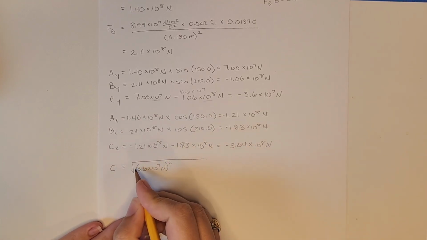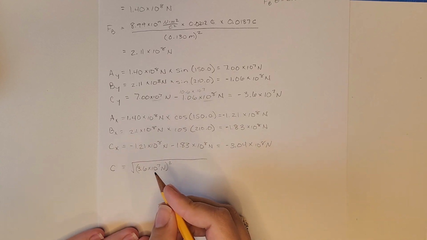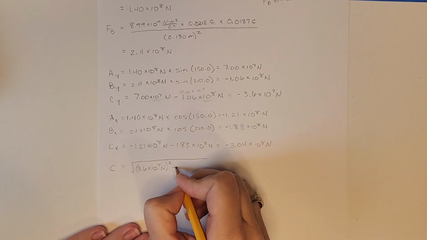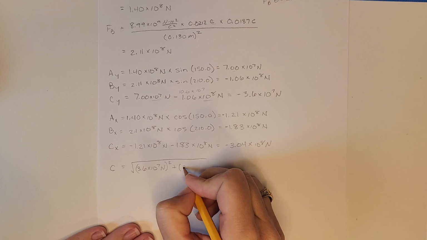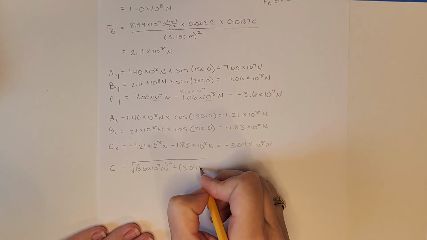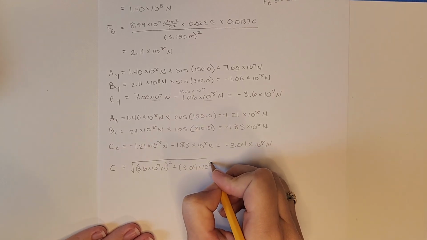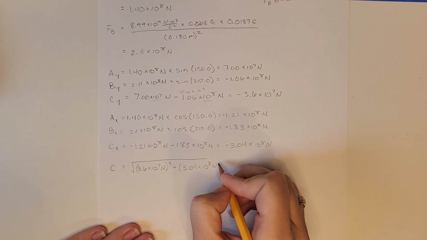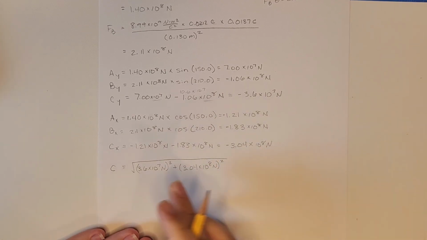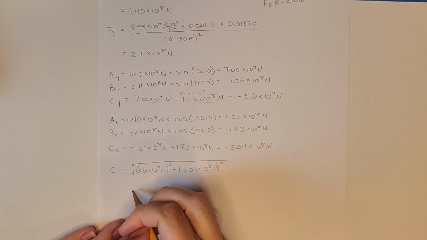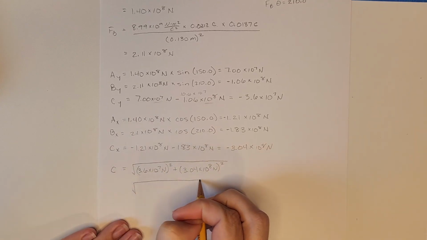Technically there's a negative, but since we're squaring it, it doesn't matter, plus 3.04 times 10 to the 8th newtons squared. Because we're adding, I'm going to do these separately.